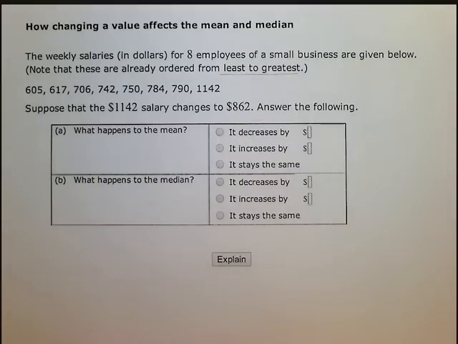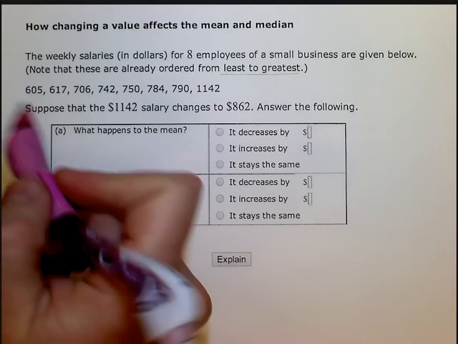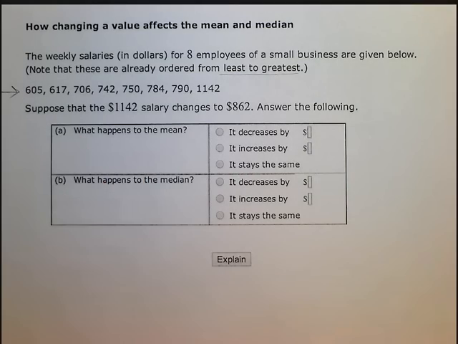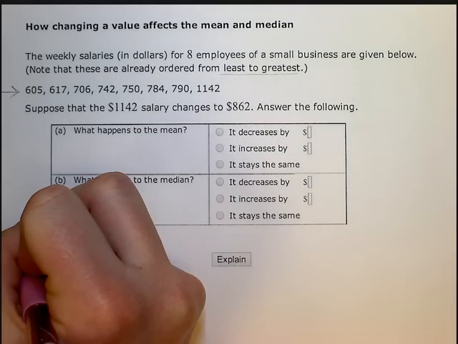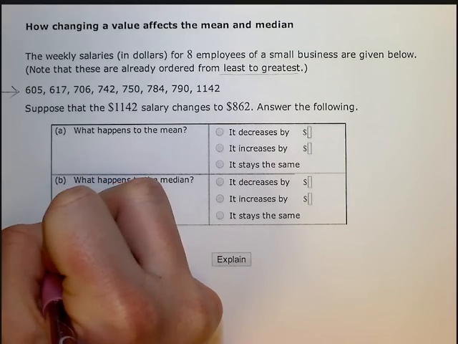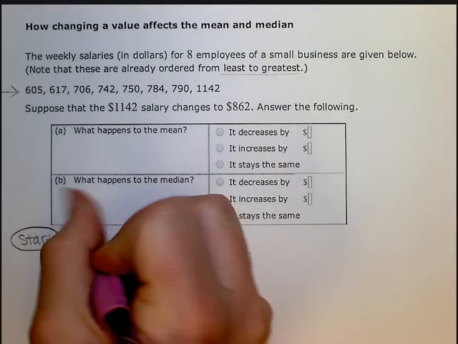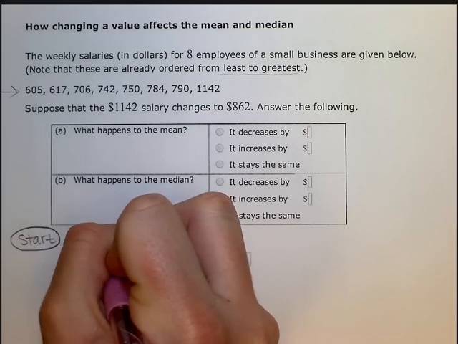So that means I have to know what the mean and median are to start with in this original set of data. Before anything changes, I need to find the mean and the median.